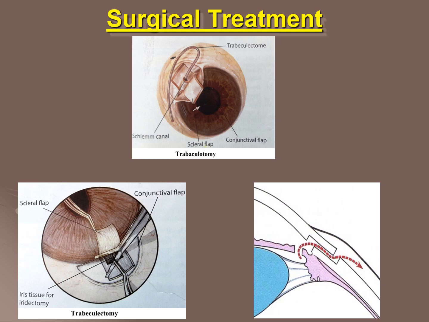The aqueous passes directly into the anterior chamber from this hole, then through this cut trabeculum underneath the scleral and subconjunctival space. And it is usually successful when it is done along with the antimetabolites, mitomycin C or 5-fluorouracil.